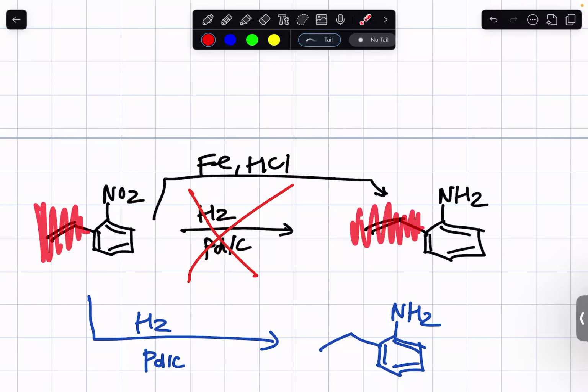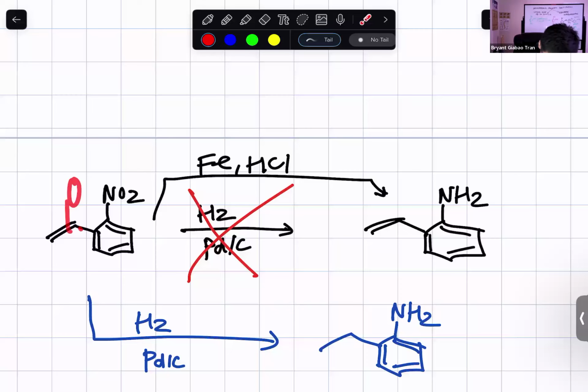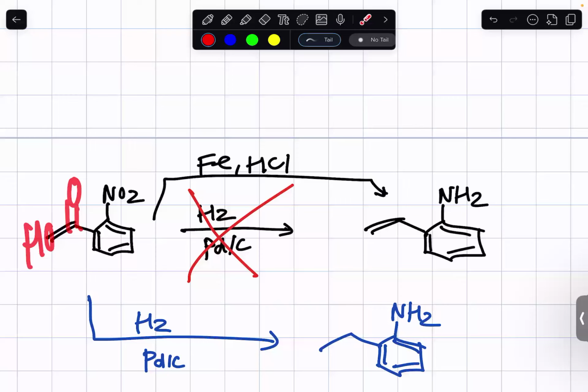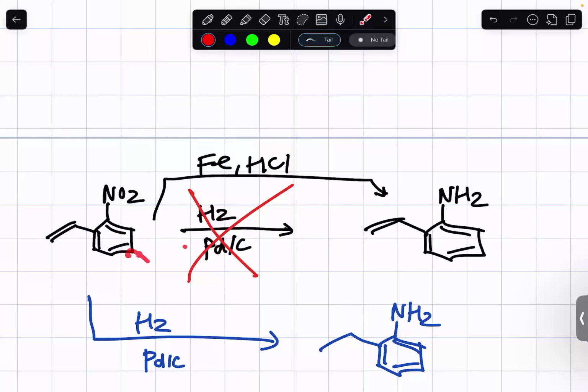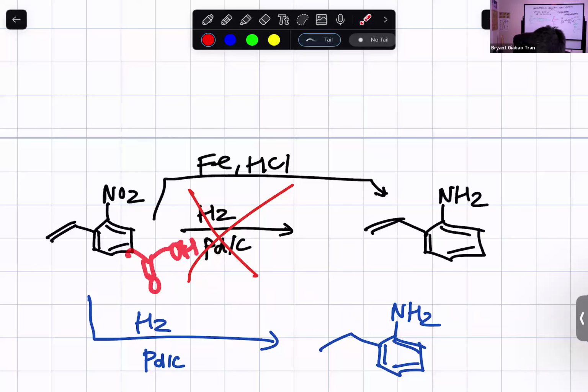I think it's because there was a carboxylic acid on it. That's what they were saying: if you had a carboxylic acid on the benzene ring meta to the NO2, you had to use Fe HCl, not H2 PdC. Would H2 PdC reduce the carboxylic acid?